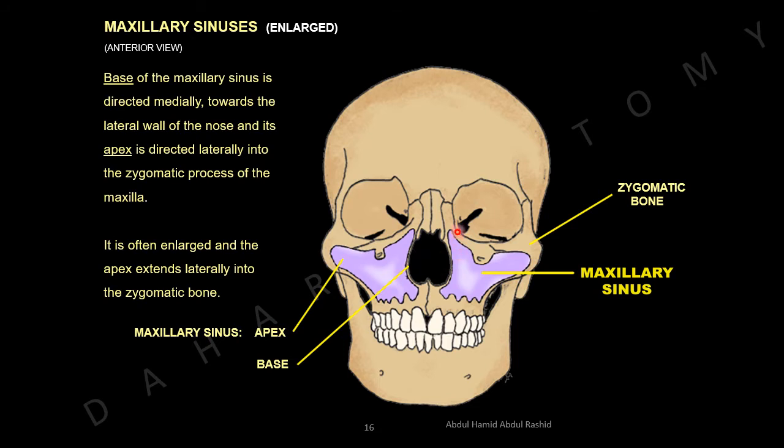It is often enlarged and the apex extends laterally into the zygomatic bone. You can see in this picture.